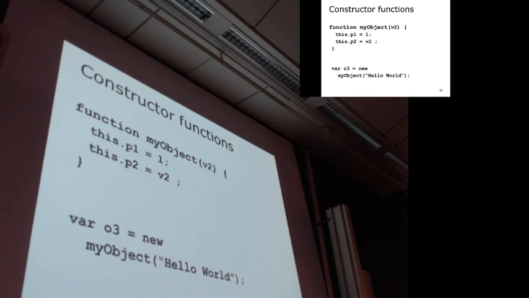Then if I make an assignment, variable O3 is a new MyObject with some parameter, it will be assigned a P1 value with this value and a P2 value, in this case, with the parameter. Is that clear? So there are no classes, but the objects that result from it are very similar to the objects that you would get from a class, only they are much more flexible. You can change them at runtime at any time you want.